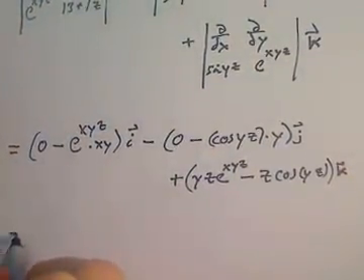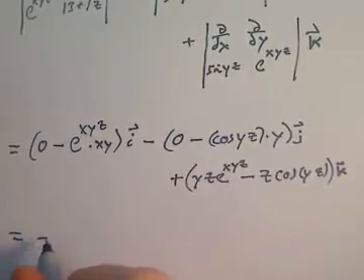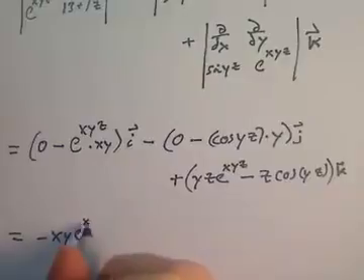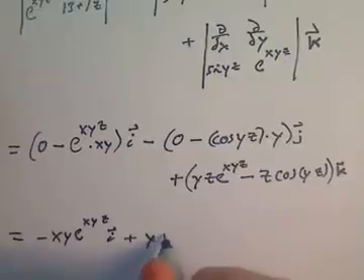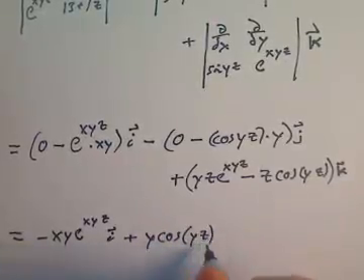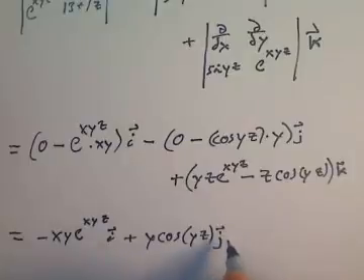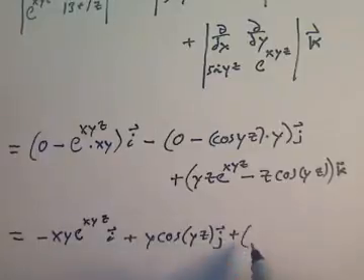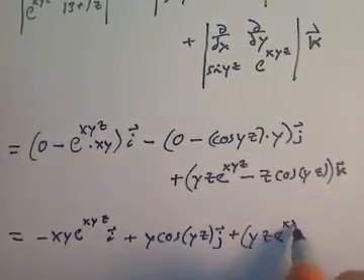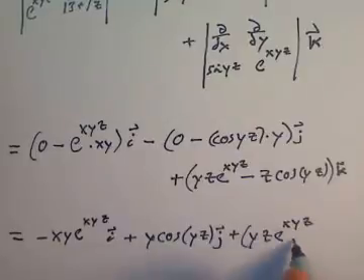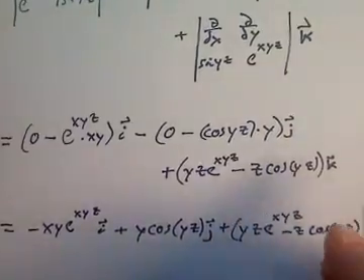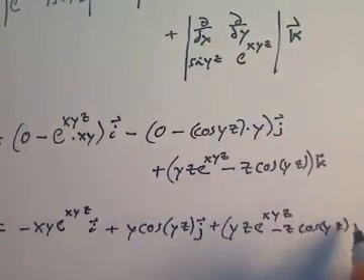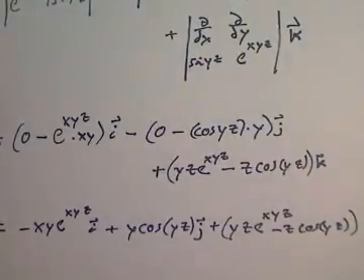I'm going to have negative xy e^(xyz) i, and then plus y cosine of yz j, and then we're going to have plus yz e^(xyz) minus z cosine of yz, so this is all times k.